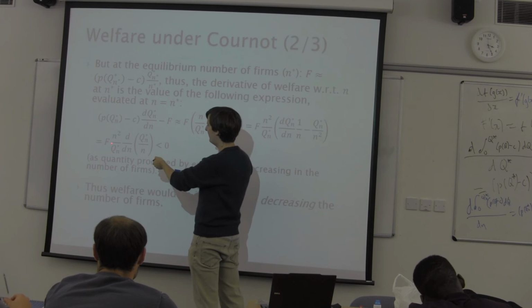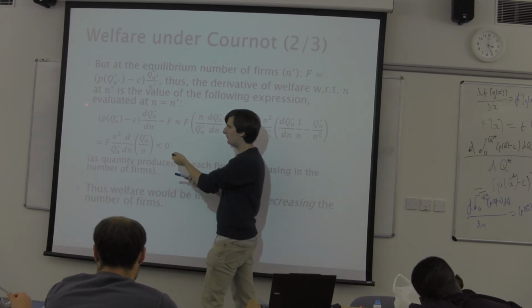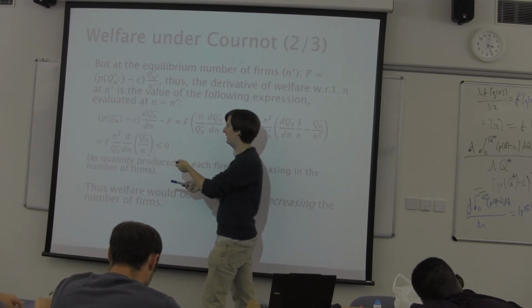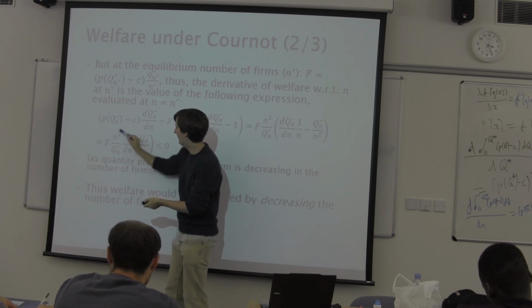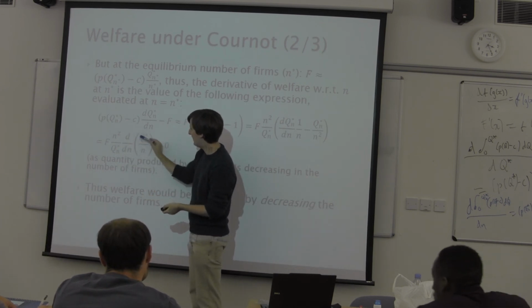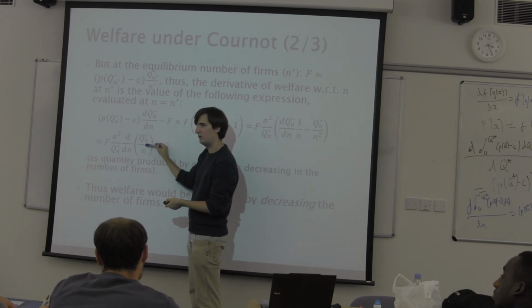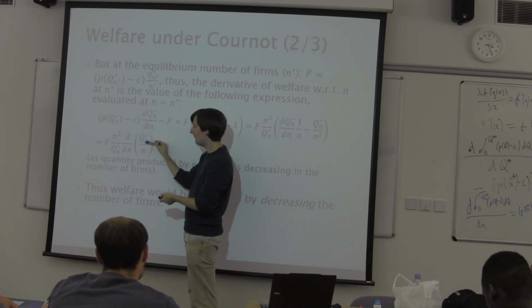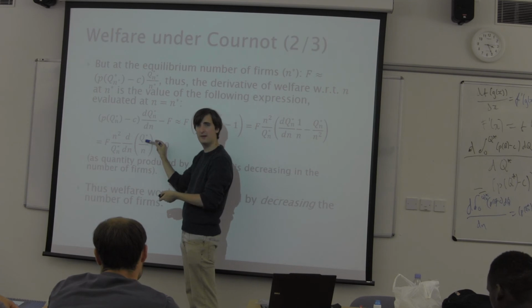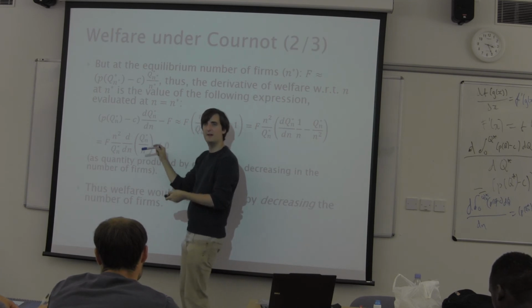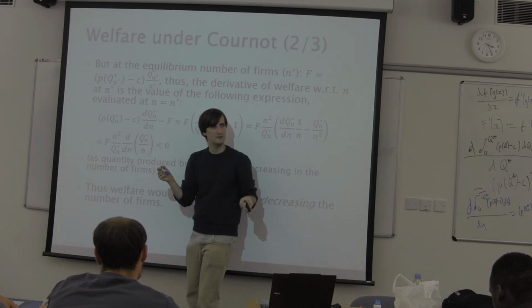So what we've proven is that the change in welfare as you add an extra firm is something positive times the change, as you add firms, in the quantity produced by a particular firm. Remember, qn star is total quantity, so qn over n is the quantity produced by one firm.